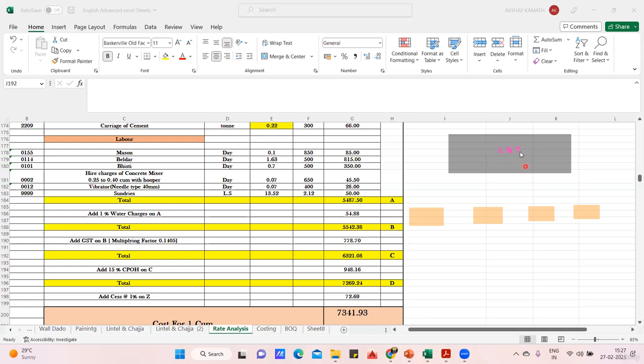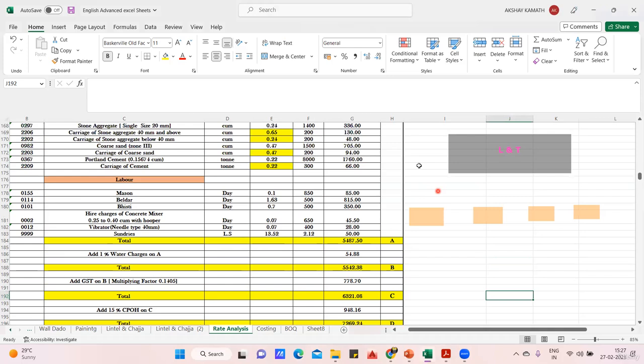I'll speak only for one thing. For example, L&T wants to do 2000 cubic meter of some work, where M10 grade of PCC is going to be used. I'm taking a small example.